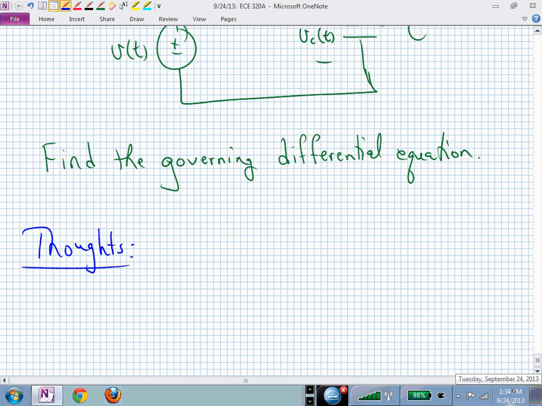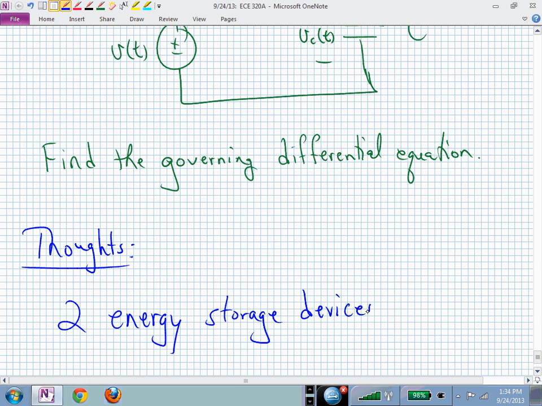Thoughts? What did we just say? We said that we have in this circuit two energy storage devices. This is what I'm wanting you to do. So on the exam, you see this circuit and you go, I forgot. Well, you can at least start looking: how many inductors and how many capacitors do I have? And you can start hoping for partial credit, right?